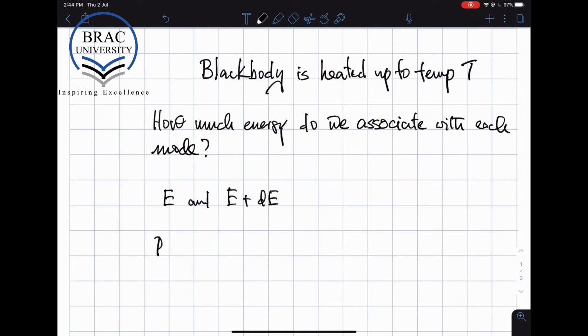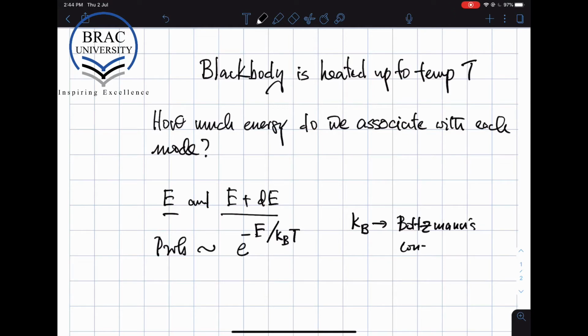The probability that our mode will have energy between E and E plus delta E is given by the exponential of minus E divided by k_B T, where k_B is the famous Boltzmann's constant. So this is the probability given by classical statistical mechanics.